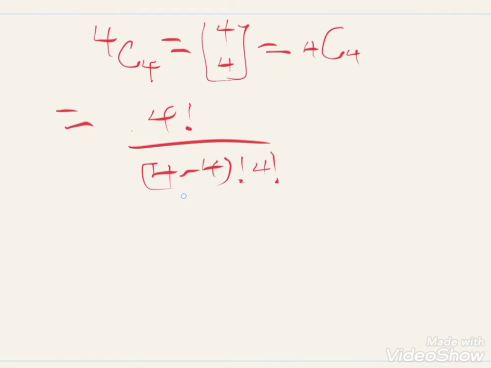Already 4 minus 4 is 0, so we have 0 factorial, and 0 factorial is 1. So now we have 4 factorial over 4 factorial. Cancel out, we have 1. So 4 combination 4 is also 1.